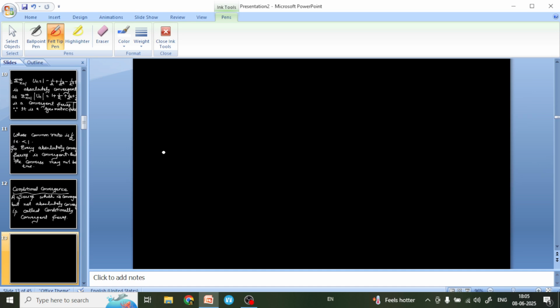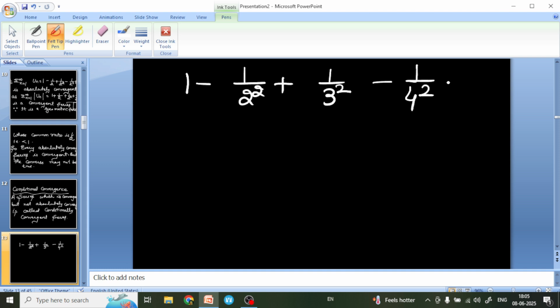Example, you are given 1 minus 1 by 2 raised to power 2 plus 1 by 3 raised to power 2 minus 1 by 4 raised to power 2 plus and so on. This statement is given and you have to prove it.